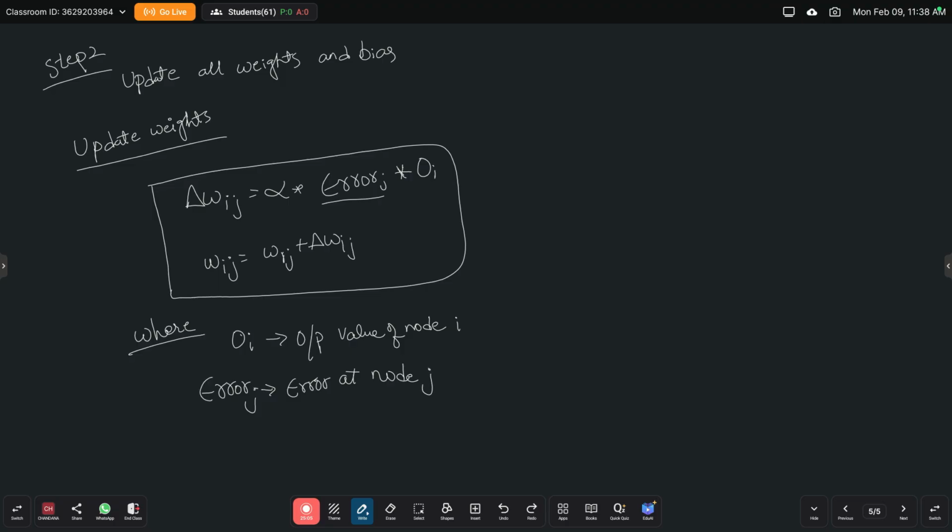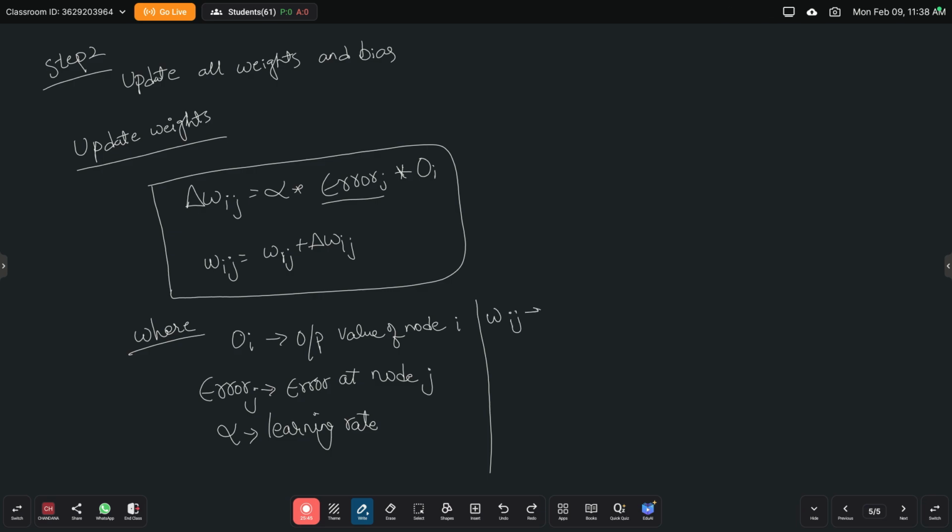Alpha is the learning rate. In the given problem, they will give the learning rate. Learning rate is always less than 1, like 0.1, 0.2 up to 0.9 and 1.